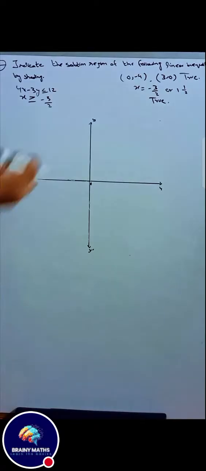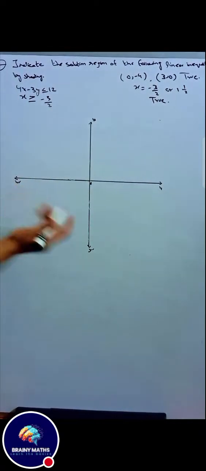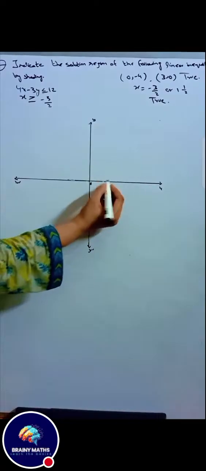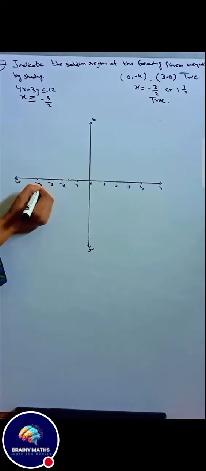Now next, the first points are 0, minus 4 and 3, 0. According to these values, I take the numbers on the xy plane. So I take 1, 2, 3, 4, and opposite, minus 1, minus 2, minus 3, minus 4.